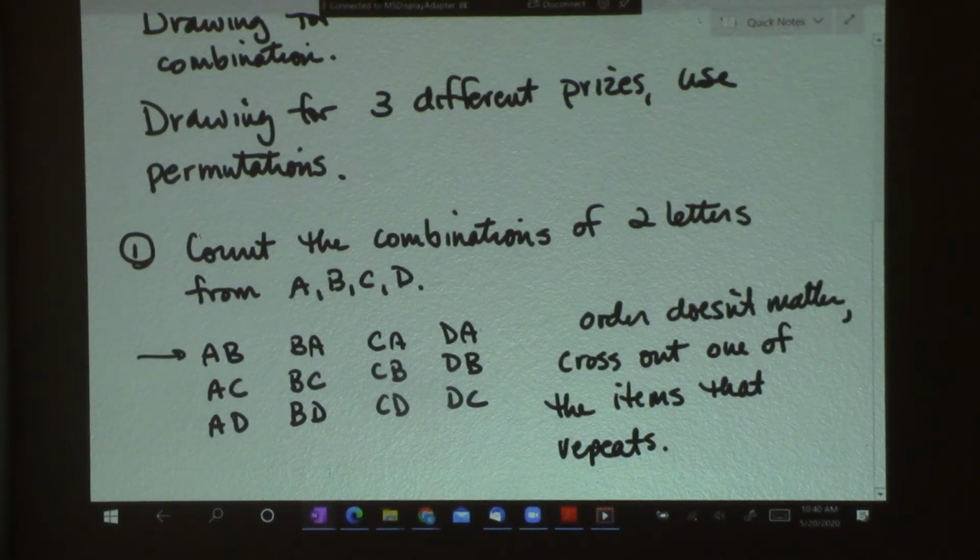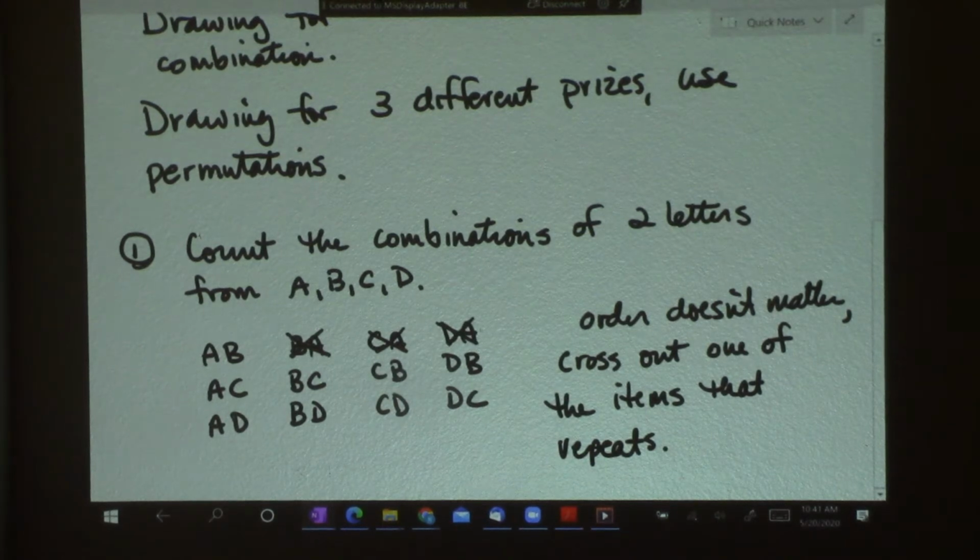That has A and B in it. BA has A and B in it, just in a different order. Order doesn't matter this time, so I'm going to cross one of them out. Here I have AC. I have A and C. Order doesn't matter. CA also has A and C, so I'm going to cross that one out. How about AD? Well, DA is the same.